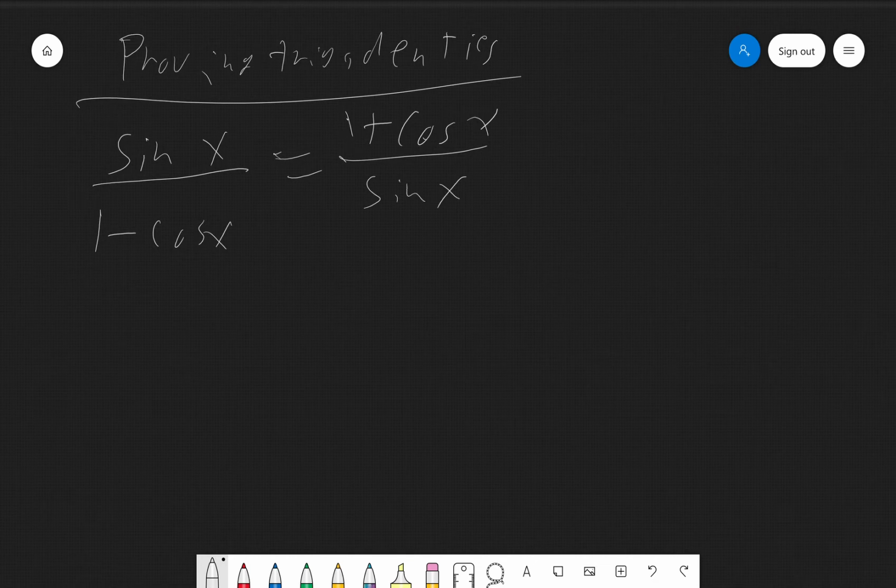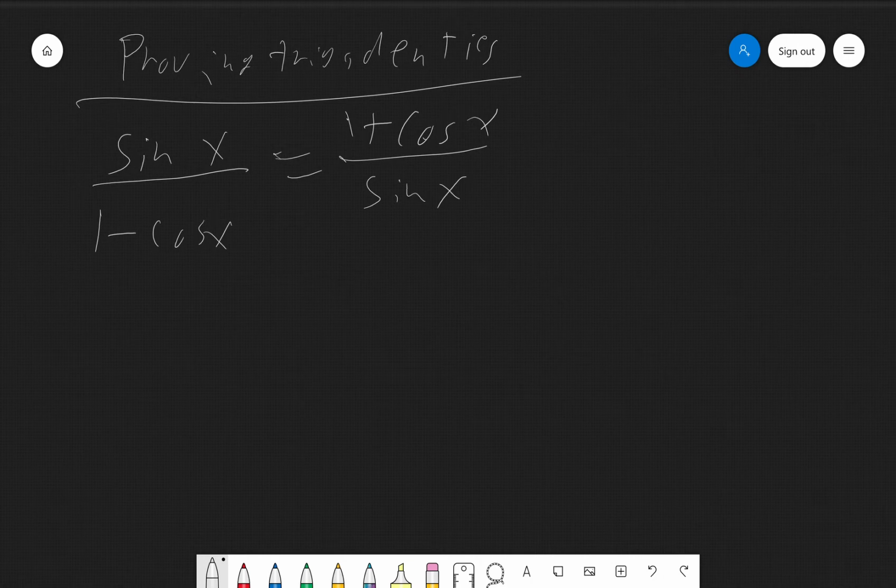You can do this many ways. What I'm going to do is cross multiplication. Usually when you see these, you want to find a way to multiply or add or combine some of the functions, so you can manipulate them using the old identities that we learned.